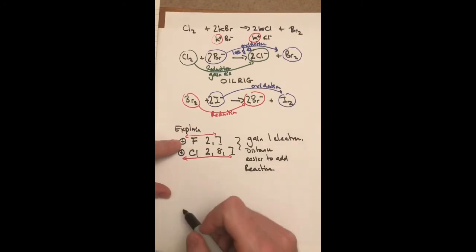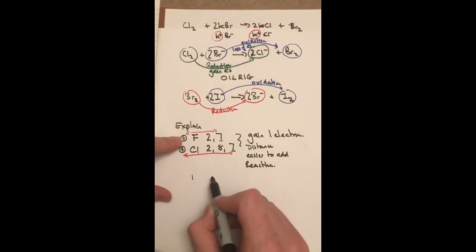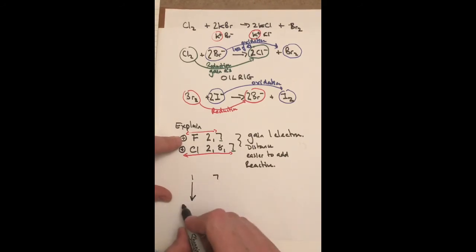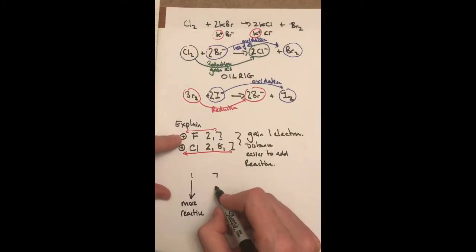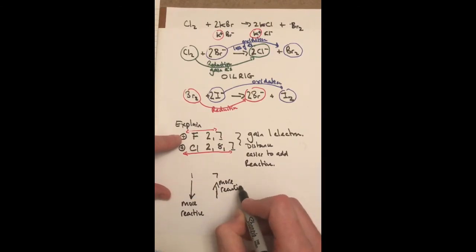So they become more reactive as they go up the group. So just to remind ourselves, we've got group 1 and group 7. Group 1, as you go down the group, they become more reactive. And group 7, as you go up the group, they become more reactive.